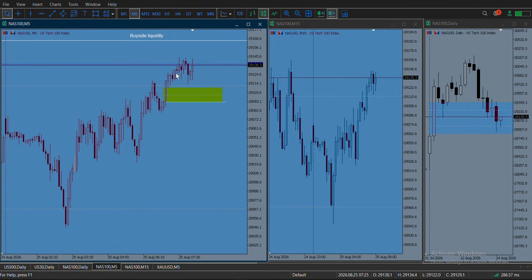So we've been bullish. We've had these two down close candlesticks here, and it's ideal to see higher prices now.